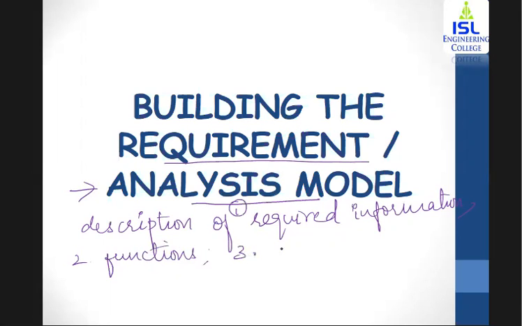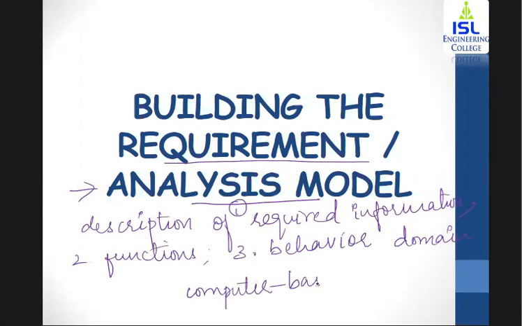And third, it depicts the behavior of the domain of a computer based system, that is the software that you're designing. So this is why we are designing an analysis model.